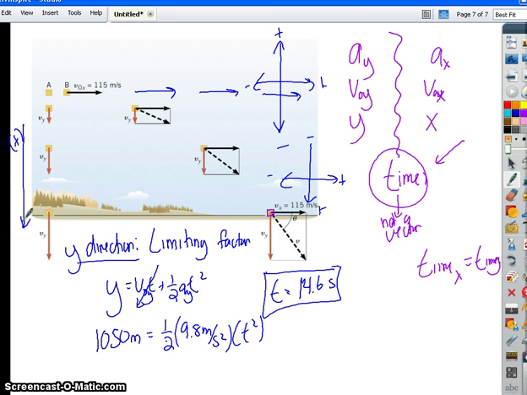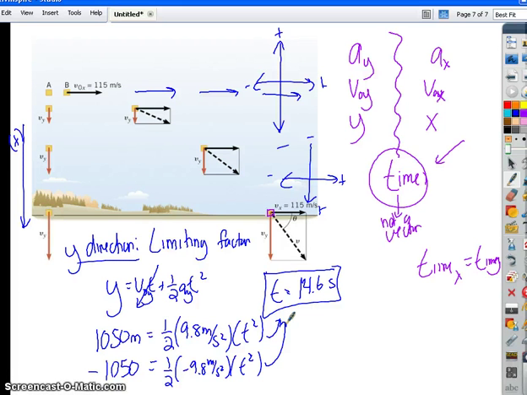I could have very easily gone with a classic XY coordinate system and said it falls negative 1050, which equals 1/2 times negative 9.8 meters per second squared, because if I call down negative, it's accelerating in the negative direction. Notice we get the same answer. But we have to be very clear, and this will show itself later, on what direction is positive and what direction is negative.